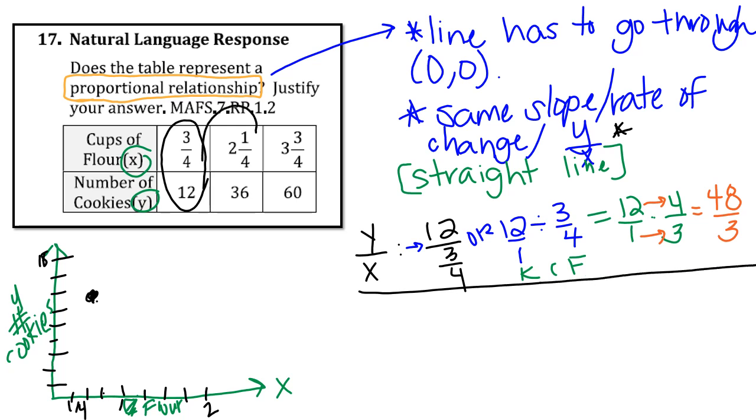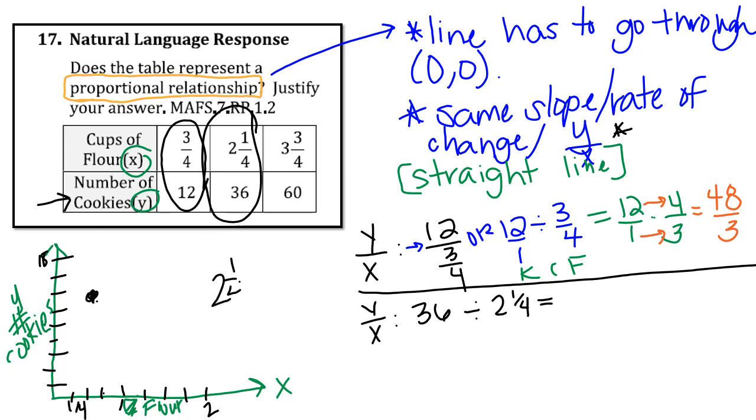Now I'm going to go to the second set. The y number has to go first, which is the bottom number. So y over x would be like 36 divided by 2 1/4. Now before I can do keep, change, flip, I need to take my 2 1/4 and make it improper.